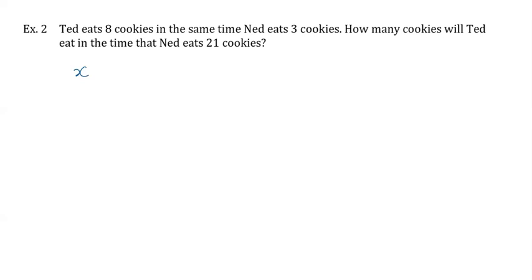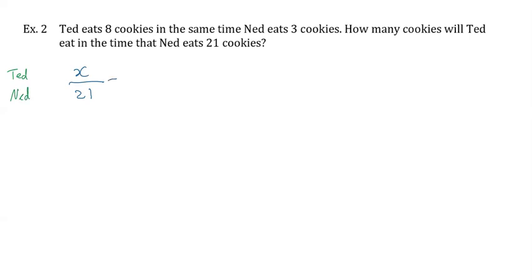So this is Ned on the bottom. If Ted eats 8, so Ted is on top for both, that has to happen. And Ned eats 3. X is my question.